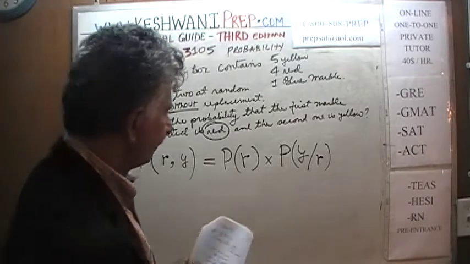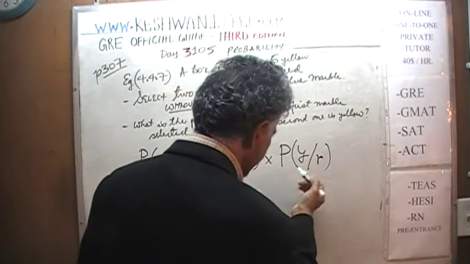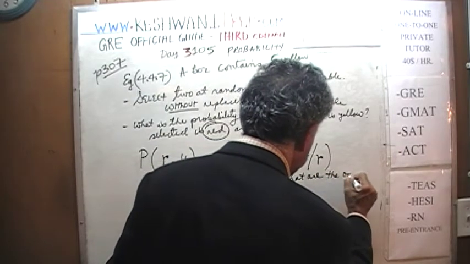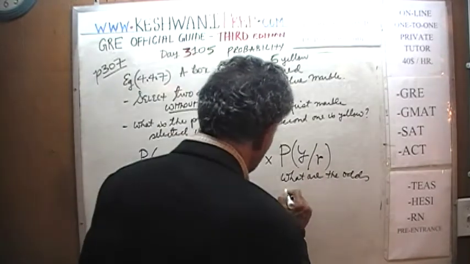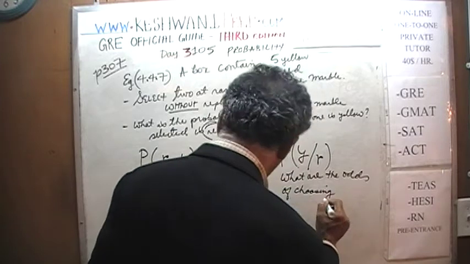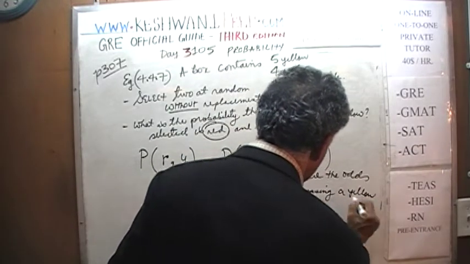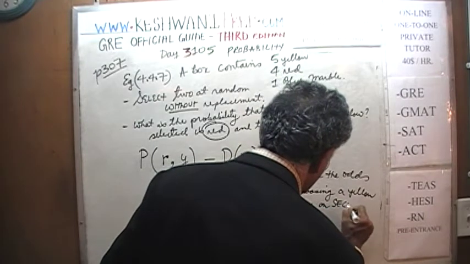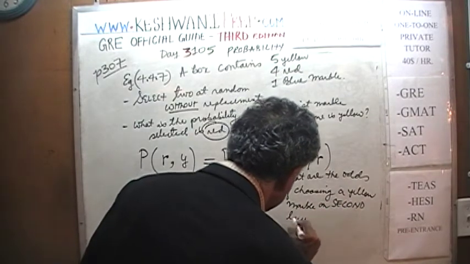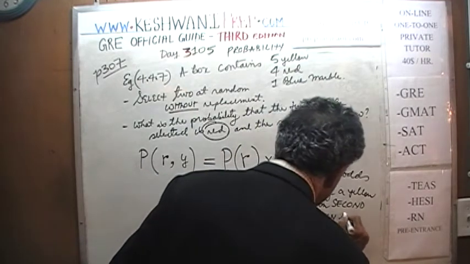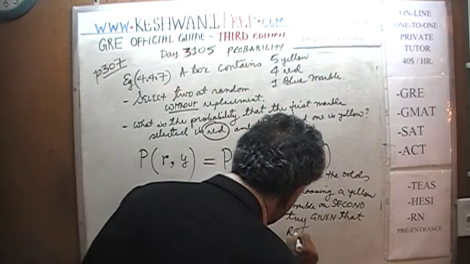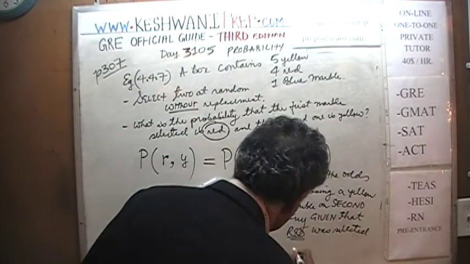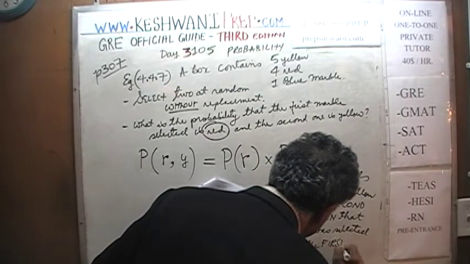And how do we read this thing? In English language, it tells us: what are the odds of choosing a yellow marble on the second try, given that red was selected on the first try?